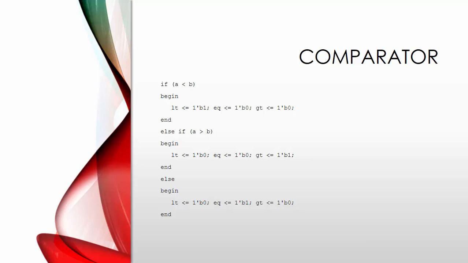If A is greater than B, GT or greater than will be given a 1, the rest will be 0. And we don't have to check for A equal to B because we can just use else to say that this has to be the equal condition. So the EQ is given 1, GT and LT are given 0.